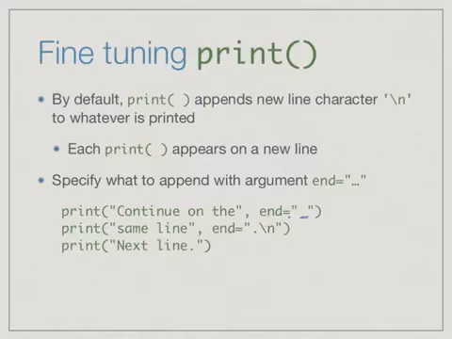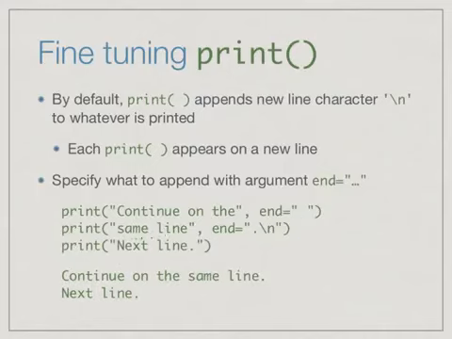The default would have been to print a new line, but the first statement is not printing a new line. So if we print this, what we see is that the first two statements, "continue on the" and "same line", come on a single line because we have disabled the default print new line. And we have explicitly put a new line here, and this has forced the next one to come on the next line.